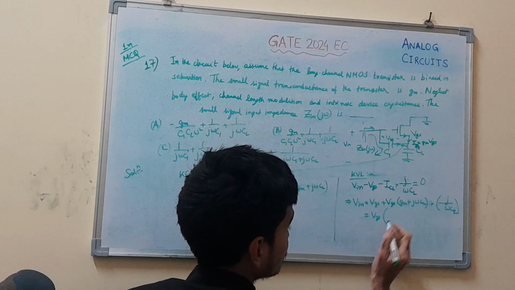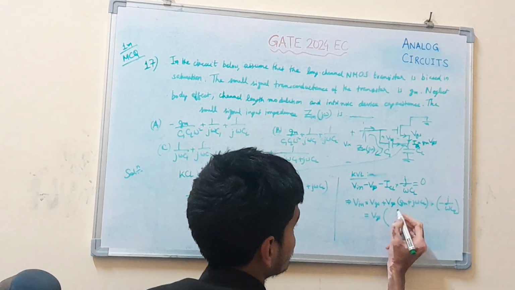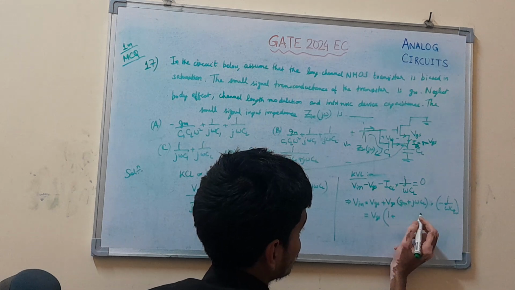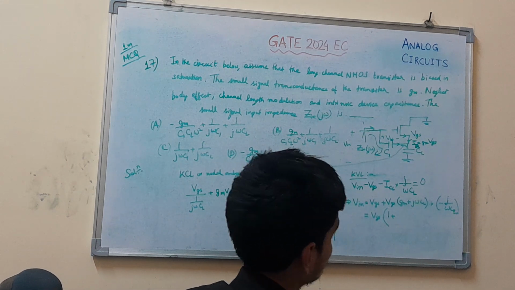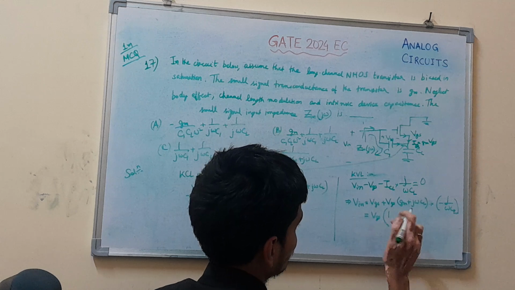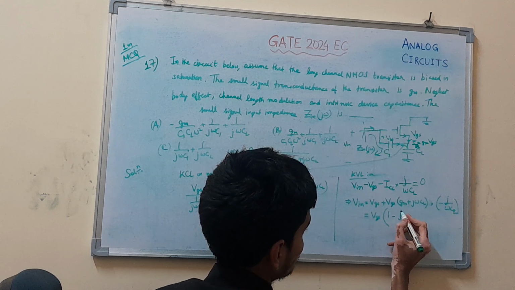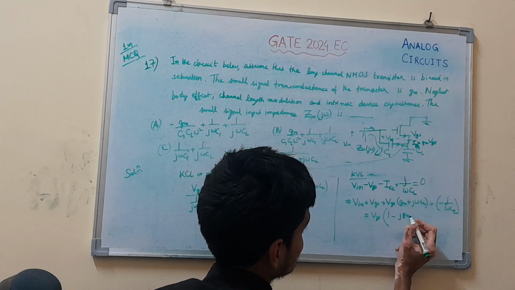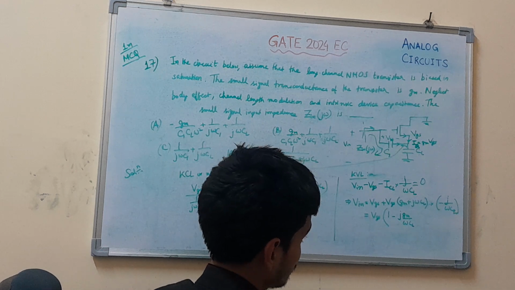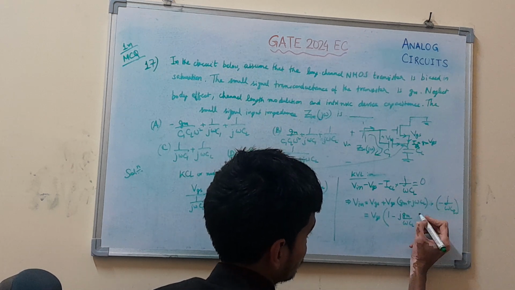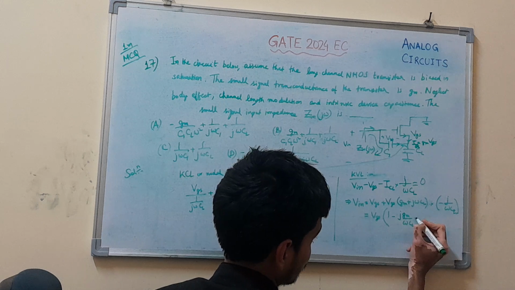Taking VGS common, what happens? 1 plus, or 1 minus, j GM by omega C1. J times minus j is 1, and omega will cancel.